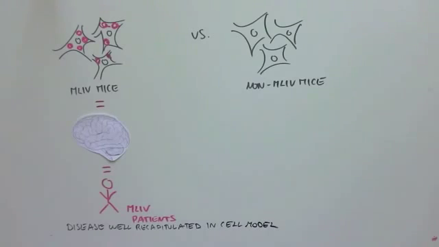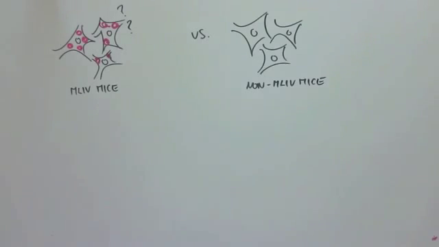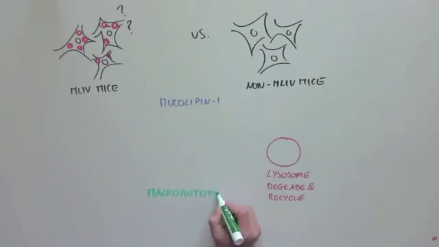So what could be causing the accumulation of these storage bodies in ML4 neurons? As I previously mentioned, mucolipin-1, the protein that is non-functional in ML4, is important to provide the ideal environment for the lysosome to degrade and recycle debris, to provide material that the cell can use. One pathway that uses the lysosome to degrade and recycle material is the macroautophagy pathway.